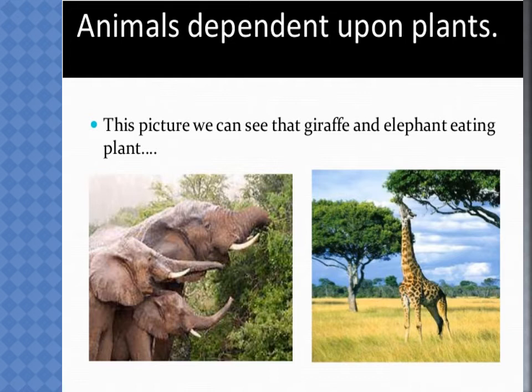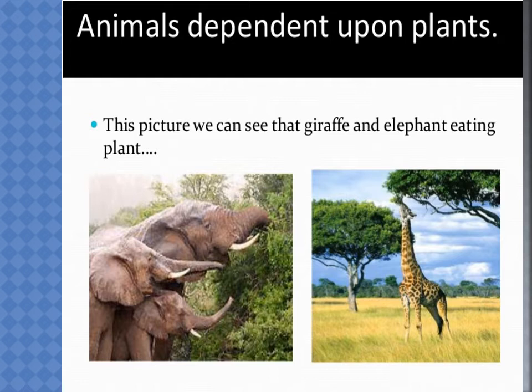Some animals also sit on the trees: birds, bats, monkey, squirrel. They make their home and take shelter amongst the branches of the tree.